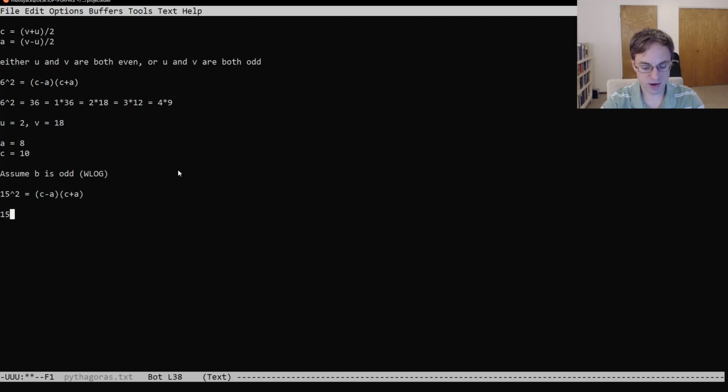If we look at the factor pairings of 15 squared, that's going to give us 1 times 225 is equal to 3 times 75 is equal to 5 times 45 is equal to 9 times 25 is equal to 15 times 15. But again, this one is not allowed, so we're not going to consider that one.